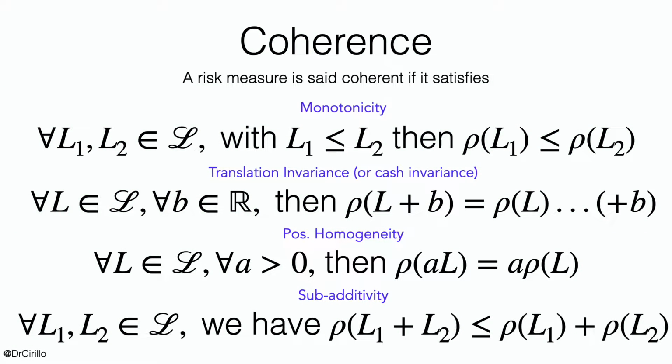We can then ask our risk measure to be positive homogeneous of order 1. This implies that if we double an investment, the related risk should also double. We shall see that this property, positive homogeneity, while easily understandable and, in a sense, intuitive, is trickier than what it may seem. Finally, we have subadditivity.